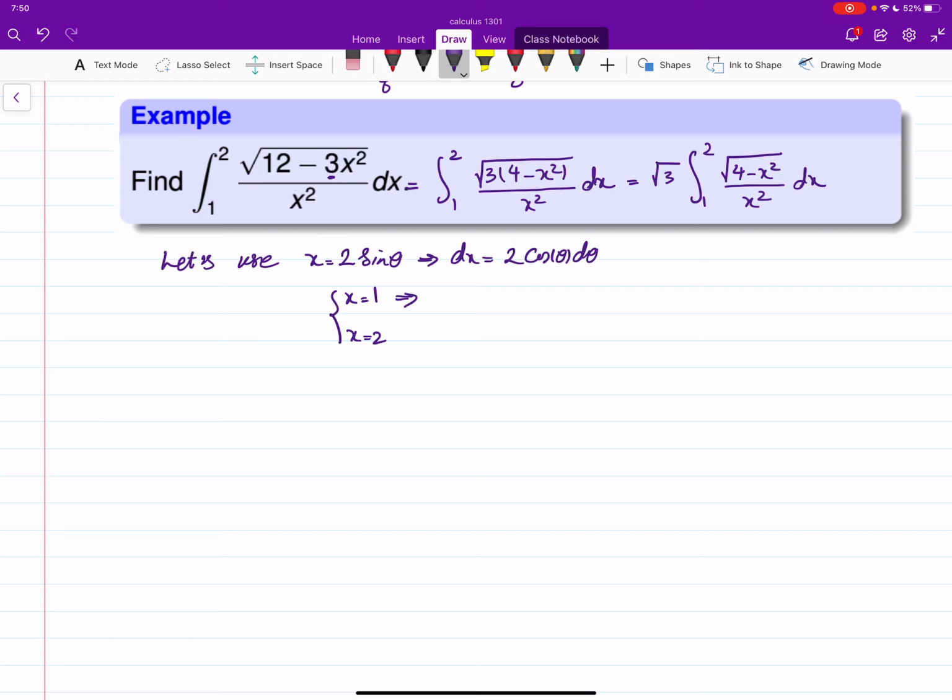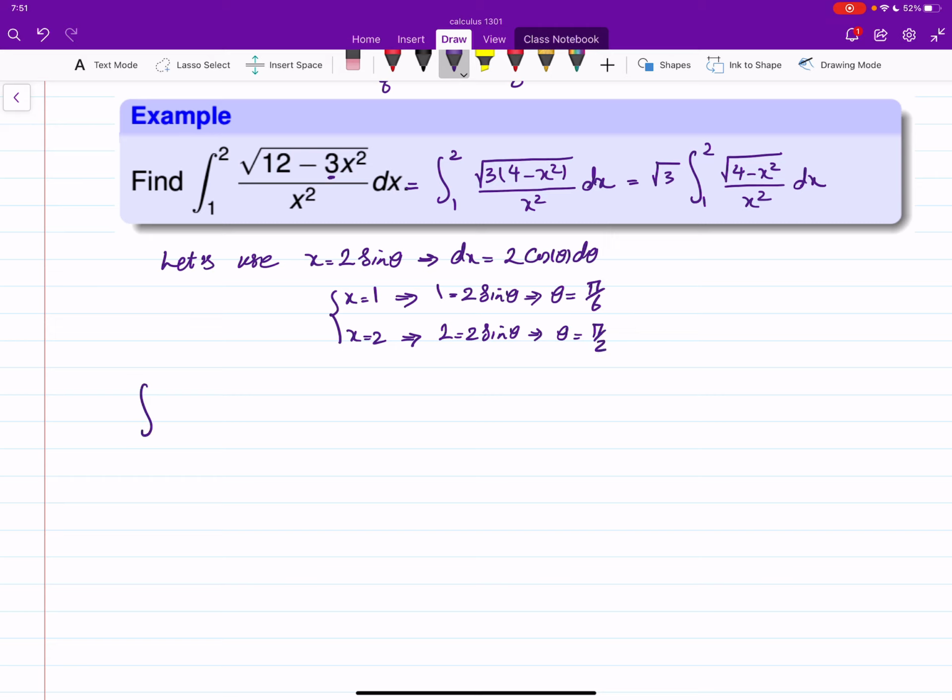If x is equal to 1, then I have 1 equal to 2 sine theta, and that means that theta is going to be, what is the angle whose sine is half? That's pi over 6. We are finding the theta in the range of sine inverse, or in the domain of sine which defines sine inverse. For the other one as well, we can find theta is equal to pi over 2.